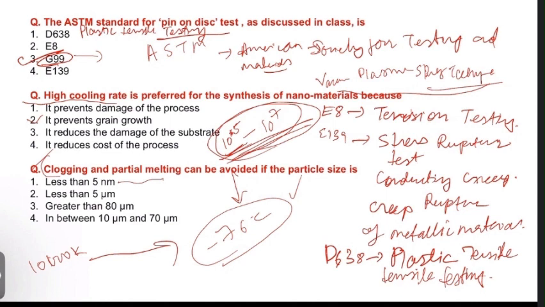No, the thing is, if you are growing 10 Armstrong, so it's 100 nanometer or something. And 1 Armstrong... if you are growing 100 Armstrong, it is around 10 nanometer.